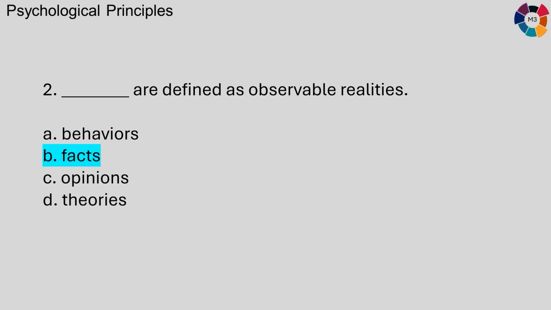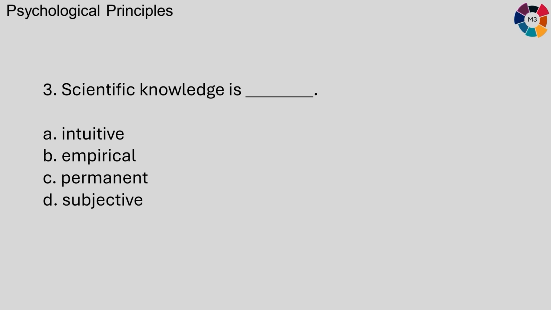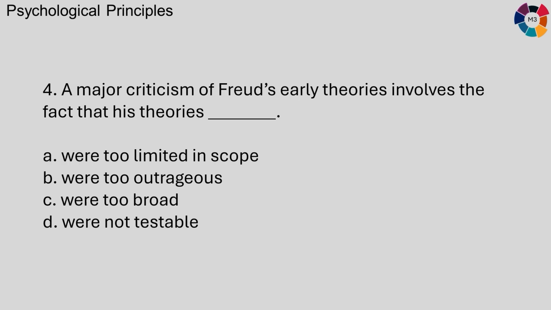Facts. Scientific knowledge is blank: intuitive, empirical, permanent, or subjective? Empirical. A major criticism of Freud's early theories involves the fact that his theories are blank. They were too limited in scope, they were too outrageous, they were too broad, or they were not testable.